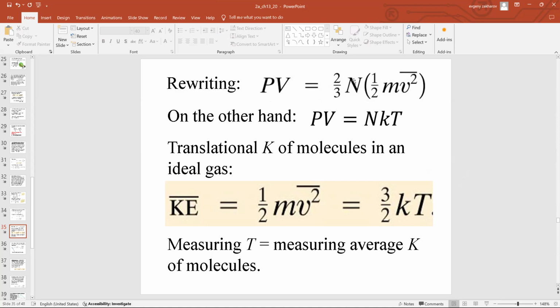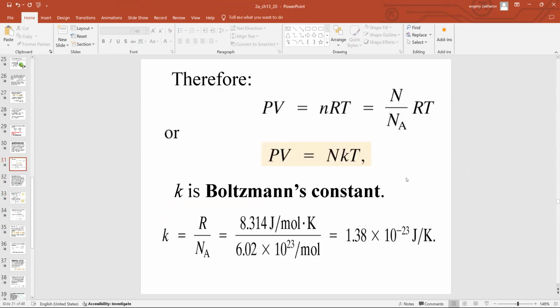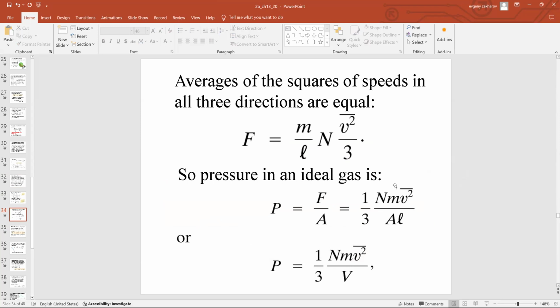So 2/3 n and the kinetic energy actually define the idea to calculate the kinetic energy of molecules in an ideal gas. So you can say PV is nKT. We had this notation derived from the Boltzmann's constant notation. K is the Boltzmann's constant.